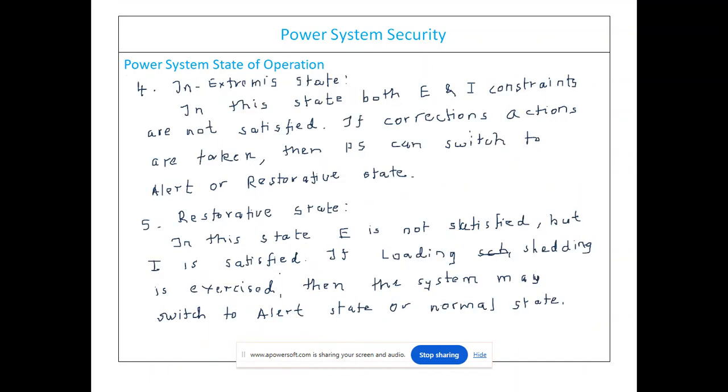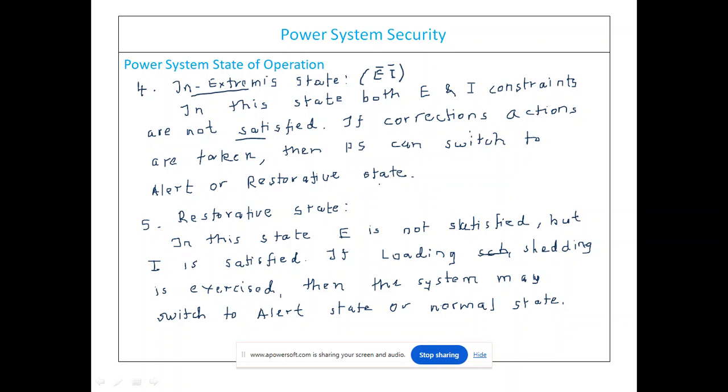Now, in extremis state means what? Both E and I are not satisfied. Here, both are not satisfied. In this state, if corrective actions are taken, then the power system can switch to the alert or restorative state.